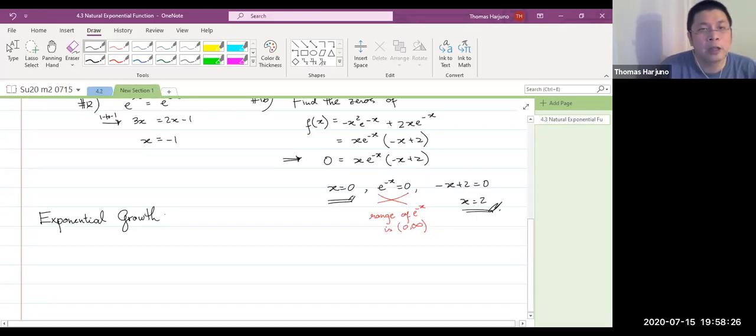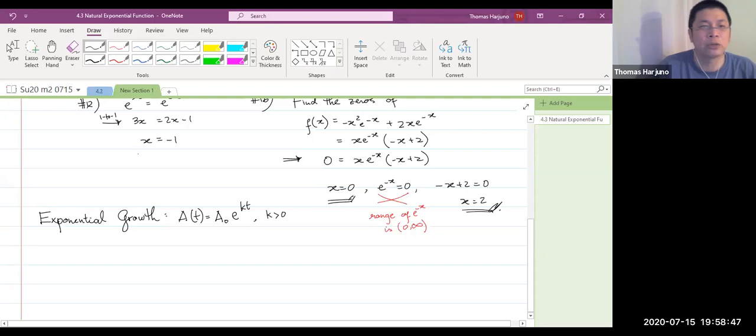Anything that follows exponential growth means A(t), the amount at time t, equals A sub 0, the amount at the beginning of observation, times e to the kt. It will be growth when the k is positive.